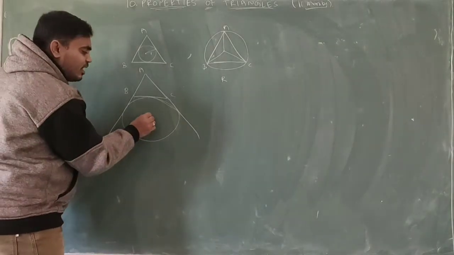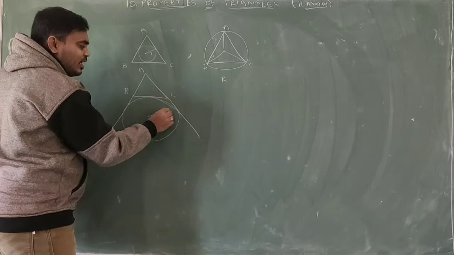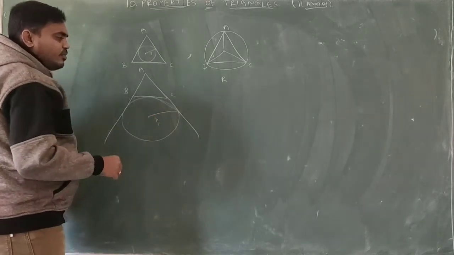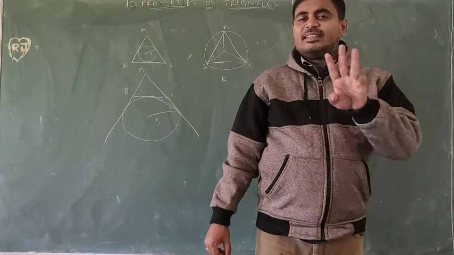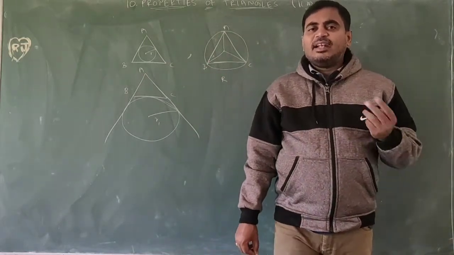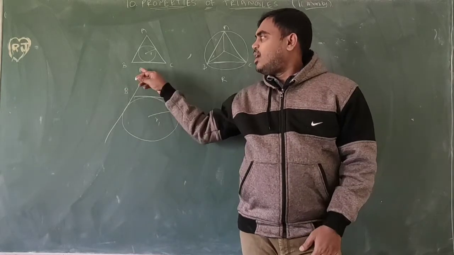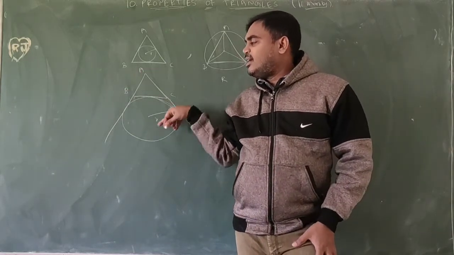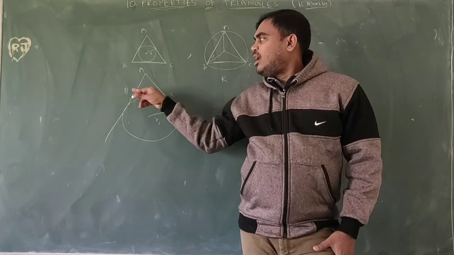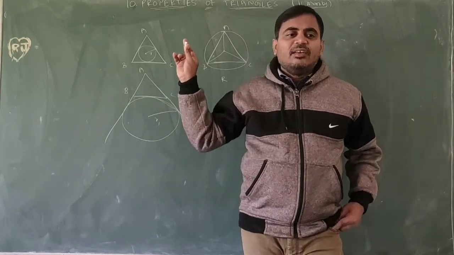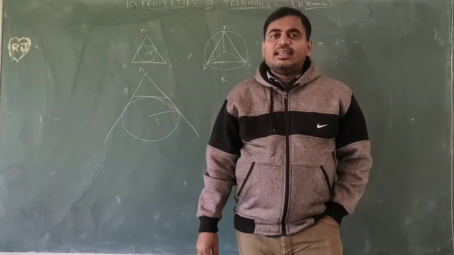The radius of the excircle opposite to A is R1, opposite to B is R2, and opposite to C is R3. There exist three excircles with radii R1, R2, R3.